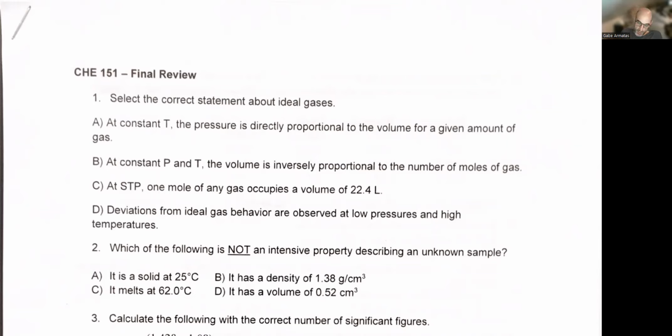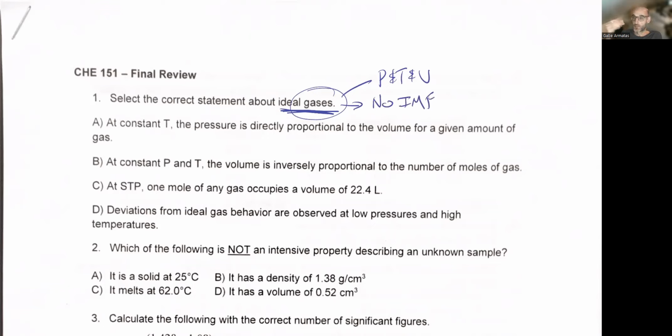So which statement is correct about ideal gases? Okay, so we have to recognize that what makes a gas is, first of all, it's compressible. So that means that pressure and temperature and volume are important. But most importantly, we treat gases differently than solids and liquids because there are no intermolecular forces.